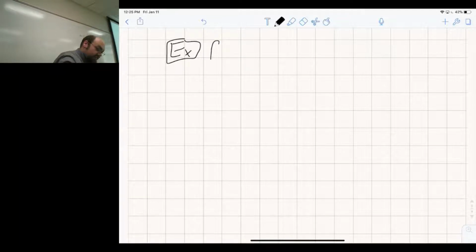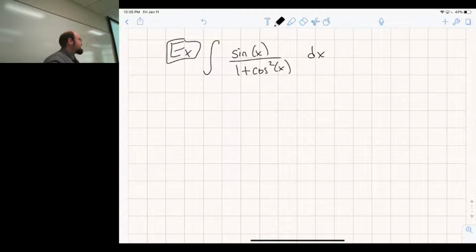So let's look at the integral of sine of x over 1 plus cosine squared x dx. So let's say that this pops up on your test.